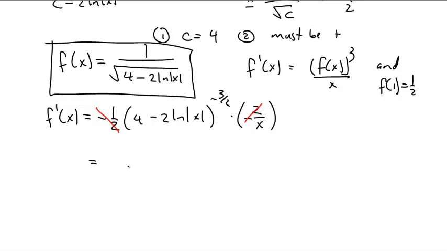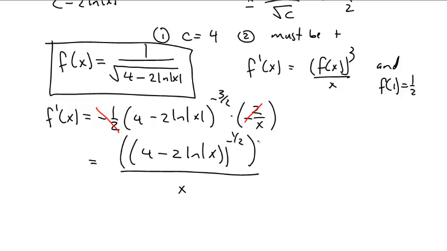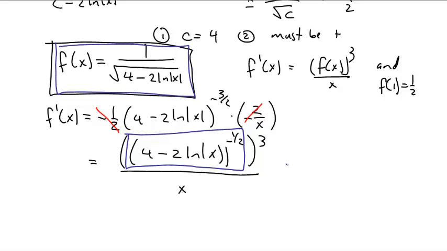There's the x down below, and I'm going to call this 4 minus 2 natural log of absolute value of x to the negative 1/2 cubed, because when you raise an exponent to an exponent, you multiply, there's your negative 3/2. This thing inside, hopefully you recognize, is this thing. So that is, in fact, f of x cubed over x, just as we wanted it.